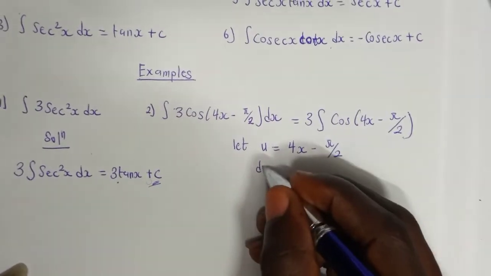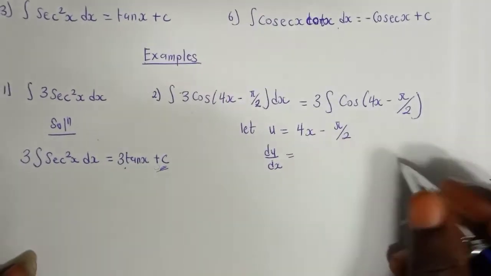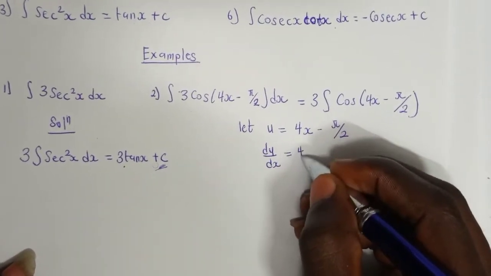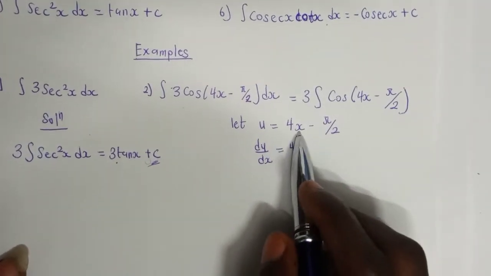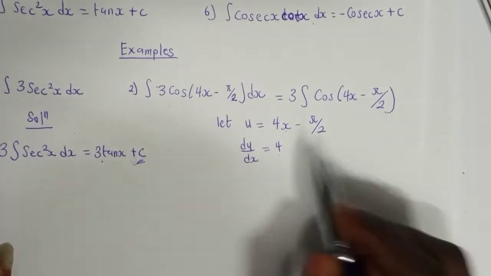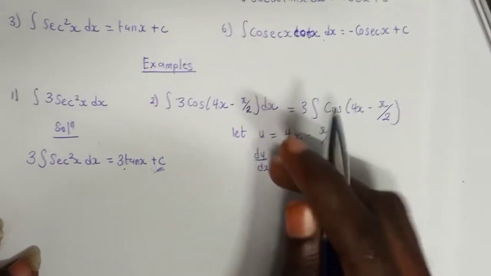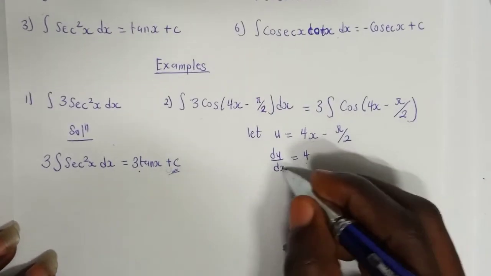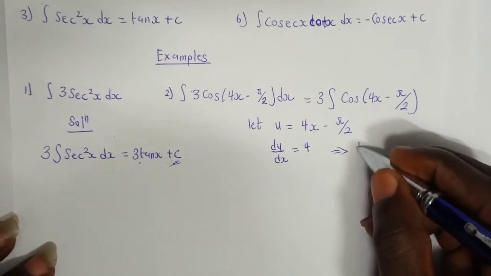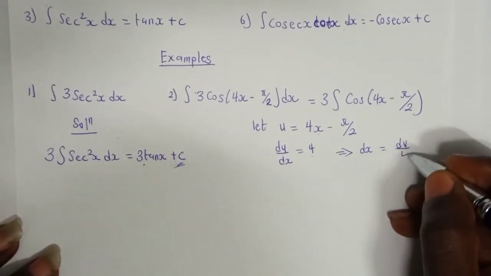So du over dx will be equal to 4, because when you differentiate 4x, you are going to get 4, and when you differentiate a constant, you are going to get 0. So our derivative of u is 4. This implies, making dx the subject, we are going to get du over 4.